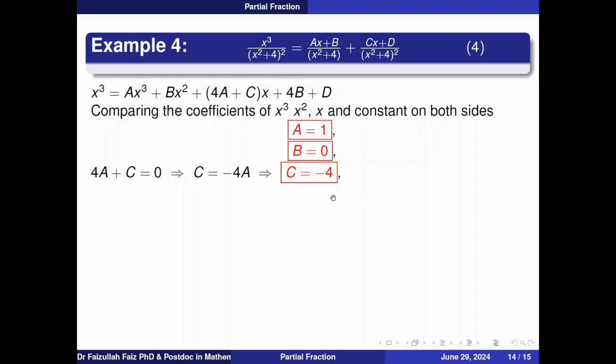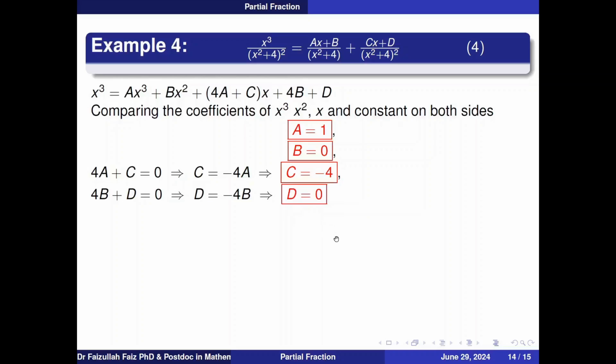Now compare the constant terms. On the right hand side, the constant terms are 4b plus d. On the left hand side, it is 0. Again, we already have the value of b, which is 0. So we write it as d is equal to minus 4b. When we put the value of b here, 0 multiplied with anything is 0. We get d is equal to 0.